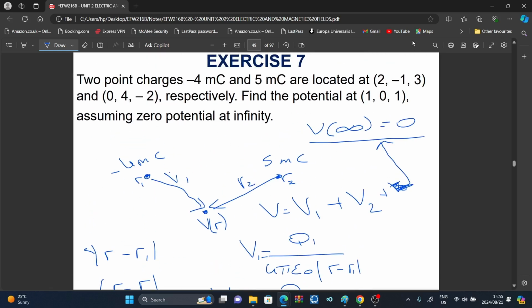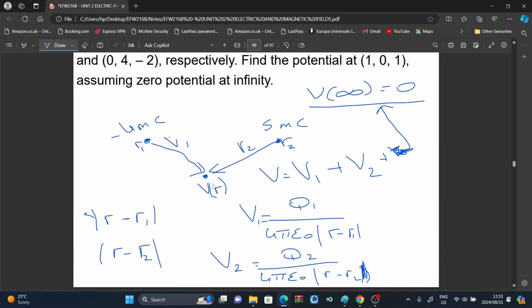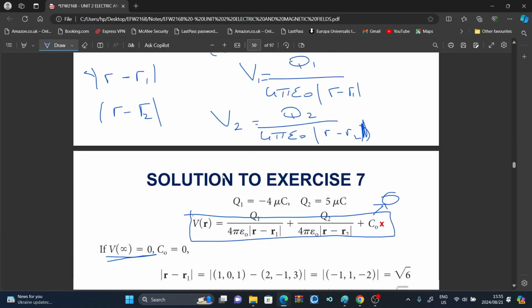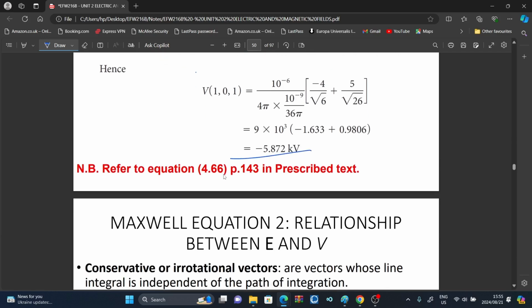When you get this type of question, try to draw the diagram and put everything there and see what information is given to you. And from there, see what they want. In this case, they want the potential at 101. So we say our voltage at these two points must add up, right? Then that will give you this answer there.